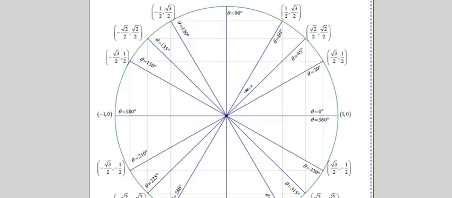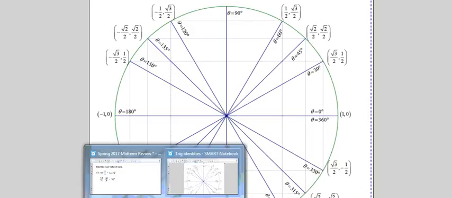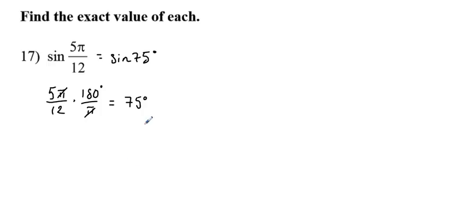As you can see, 75 degrees is not on the unit circle. We know that it's somewhere between 60 and 90, but it's just not here. So what we'll have to do is use a sum or difference to find the sine of 75 degrees.